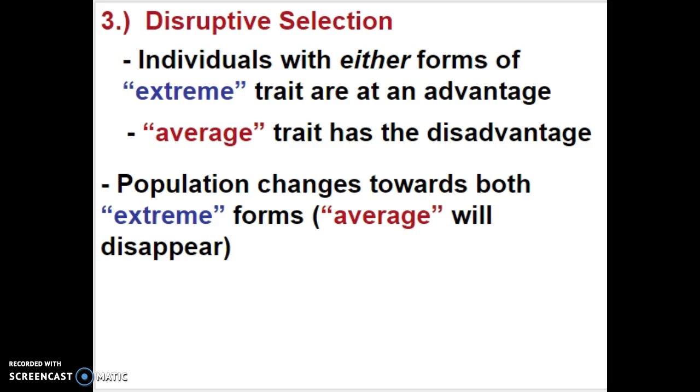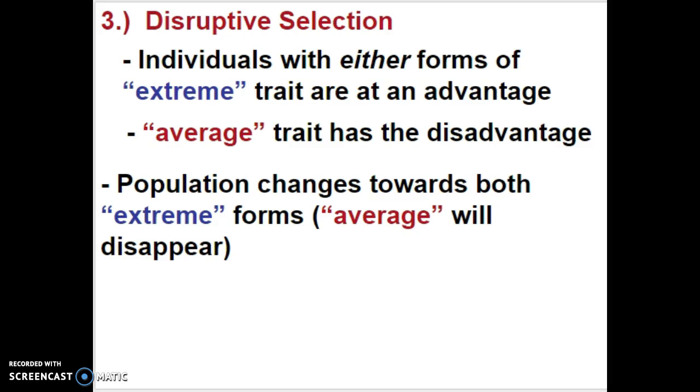Disruptive selection is what happens when individuals with either one of the extreme forms of the trait are at an advantage in terms of reproduction and survival. So in this case, the average trait has the disadvantage. What will happen over time is the population can change towards both extreme forms, and that average will disappear.